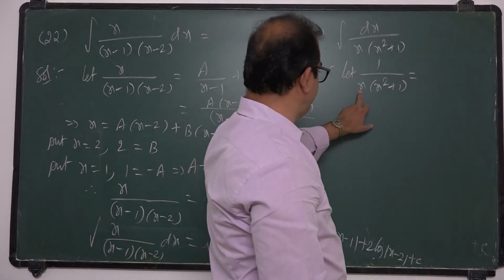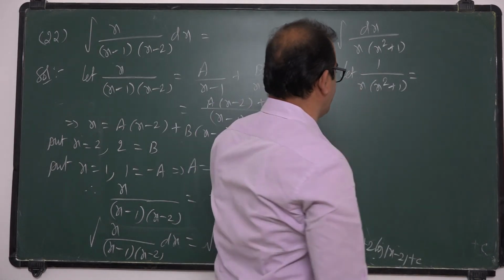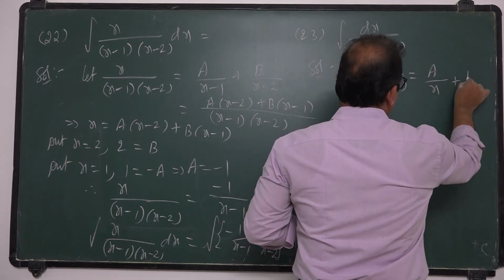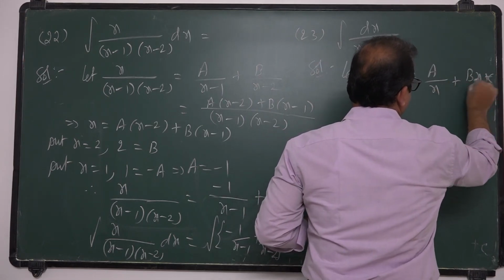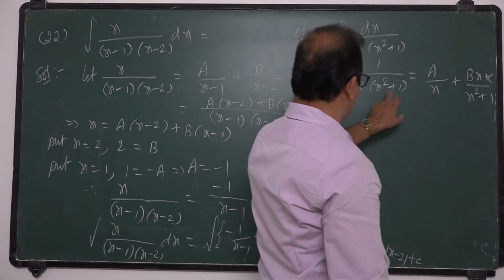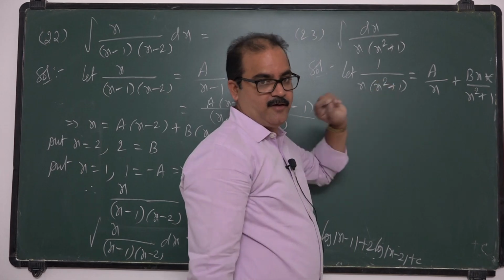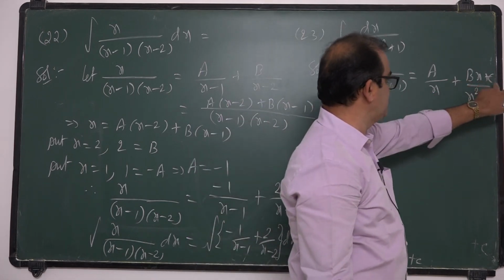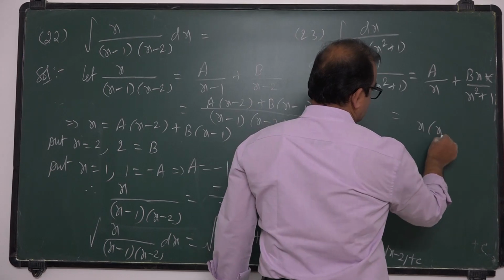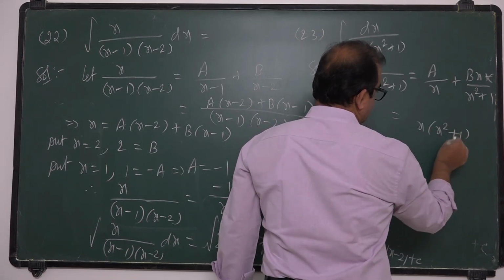This is a linear factor and this is a quadratic factor. The partial fractions are a by x plus bx plus c by x square plus 1. Corresponding to the quadratic factor, the partial fractions are bx plus c. What is the LCM of these two? x into x square plus 1.